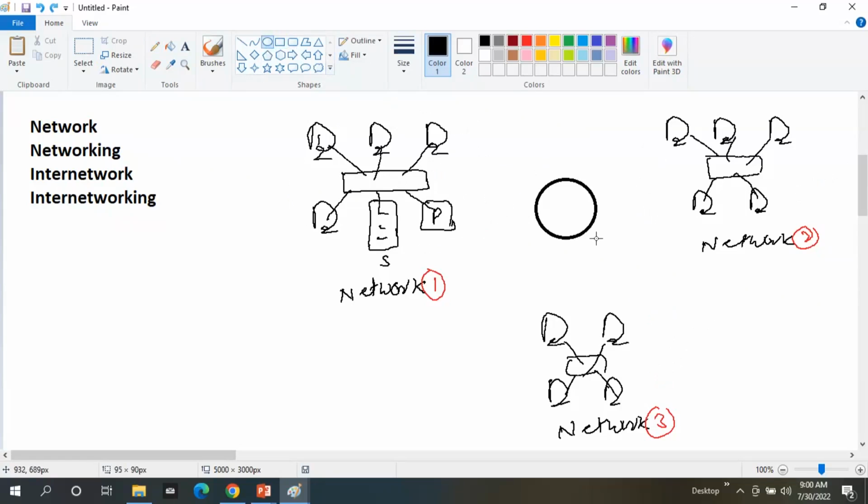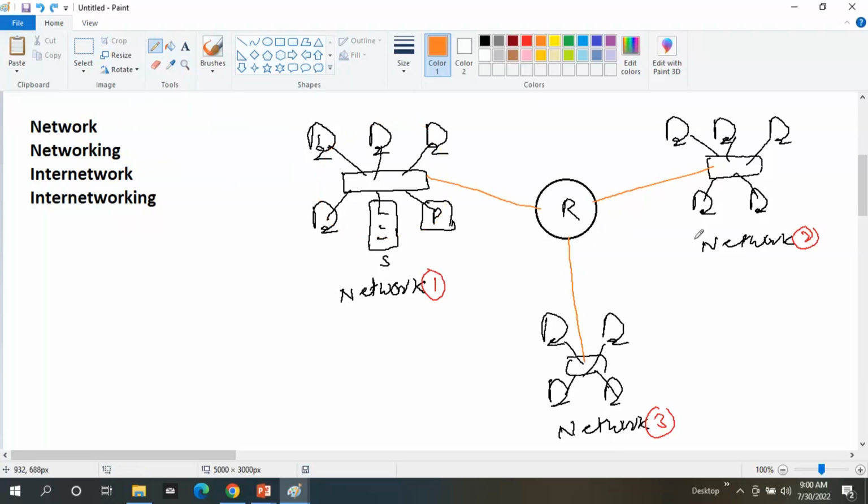How? As a network engineer, what we need to do is interconnect network 1, network 2, and network 3. So what have we interconnected now? Networks. We have interconnected two or more networks. We call it an internetwork. If we interconnect two or more devices, we call it a network.